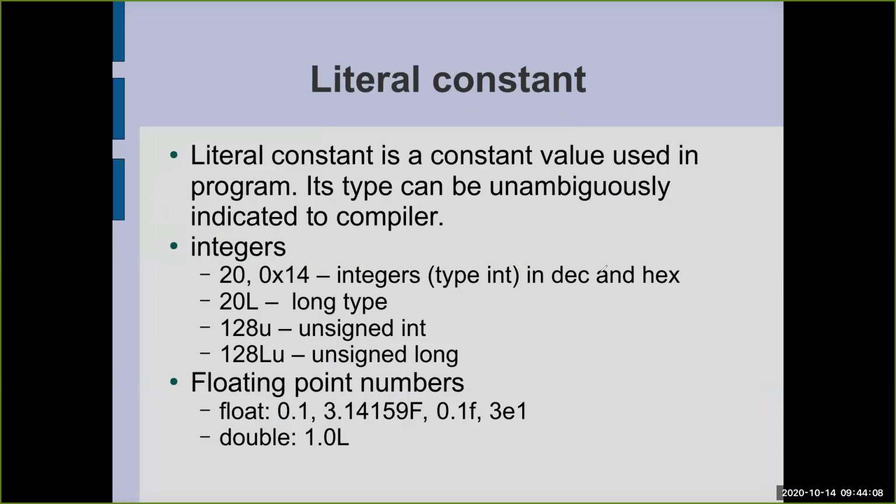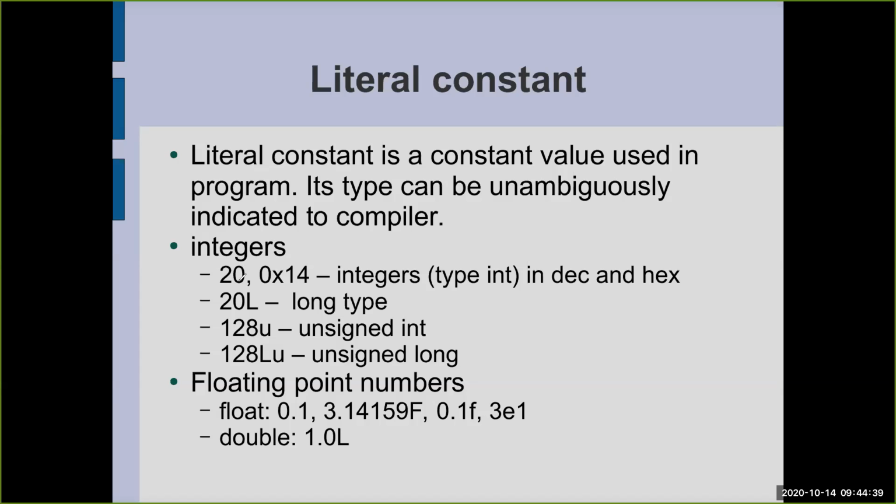In our program, we can also use something which is called a literal constant. So in my code, I can define that something is equal to 20 or 128 and so on. But you should know that these elements are interpreted as a particular type.